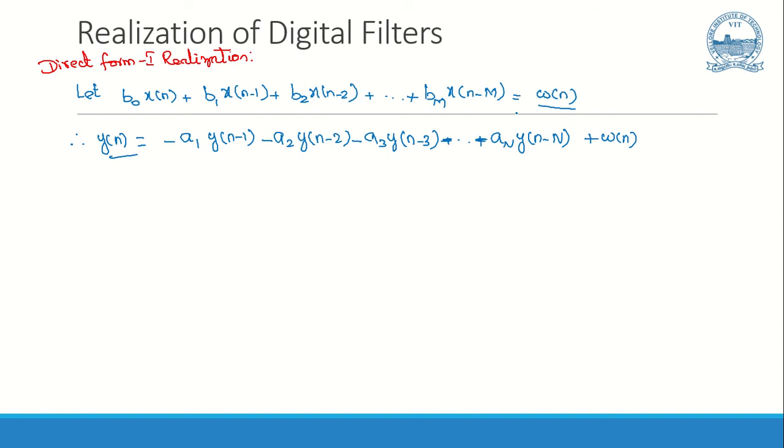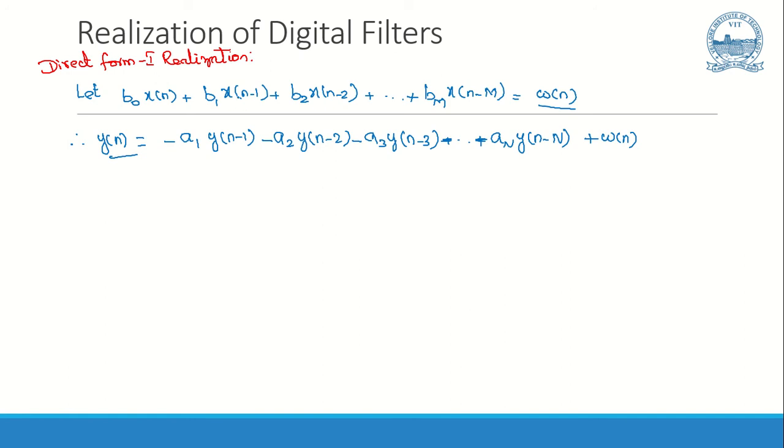Just the same equation, now split into two equations, and we are going to implement it step by step. So let me consider how I'm realizing this w of n. So what is w of n? b naught times x of n plus b1 times x of n minus 1 plus b2 times x of n minus 2, like that.